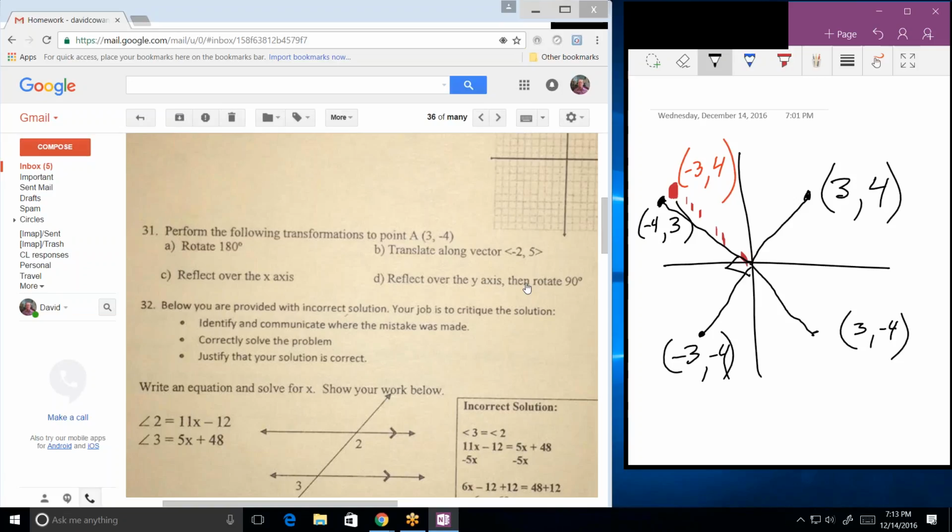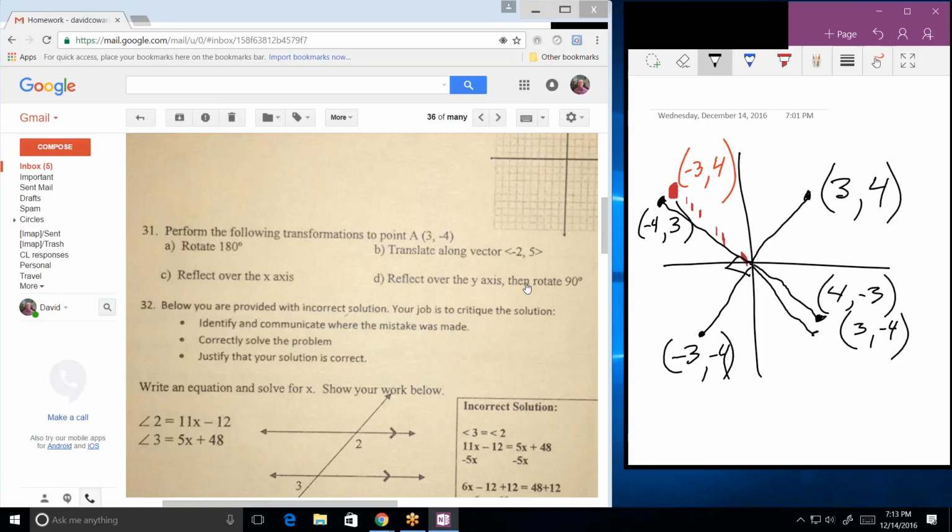If I do a 90 degrees clockwise rotation, I end up there. If I do a 90 degrees counterclockwise rotation, then I end up there, and that, we already know, would be a straight line. So this has to be 4 comma minus 3, just switching the signs on both numbers.